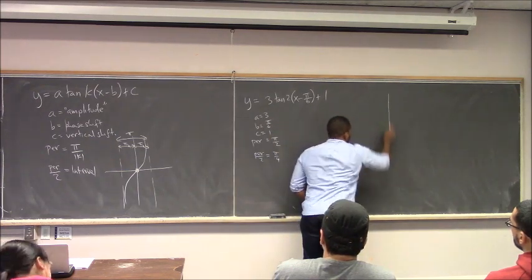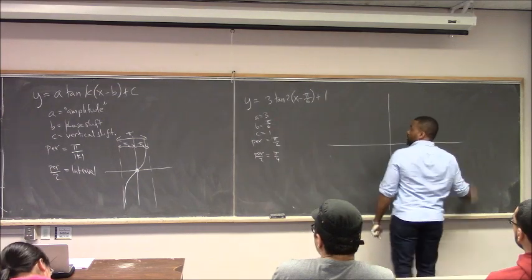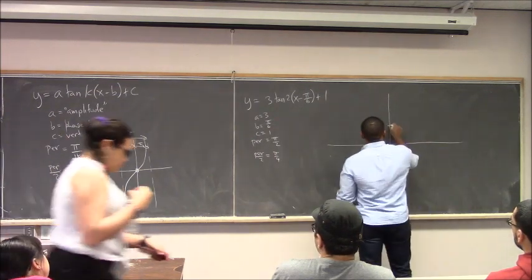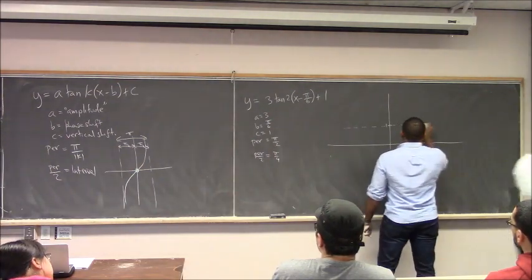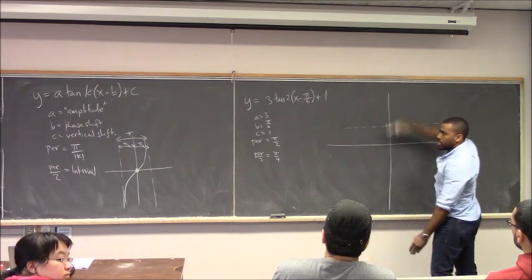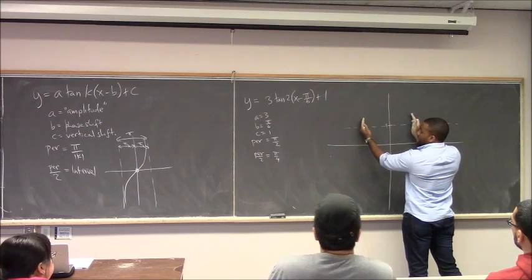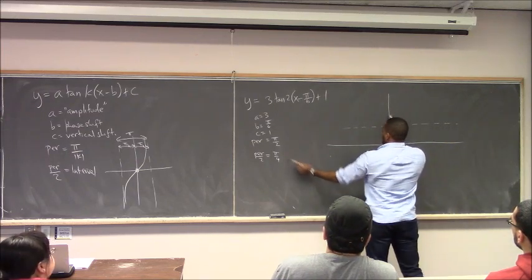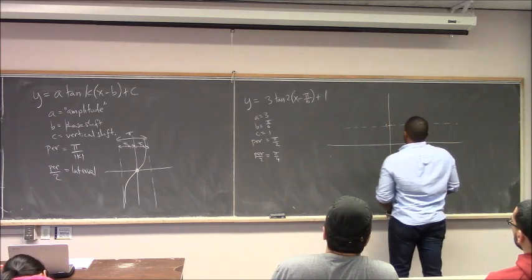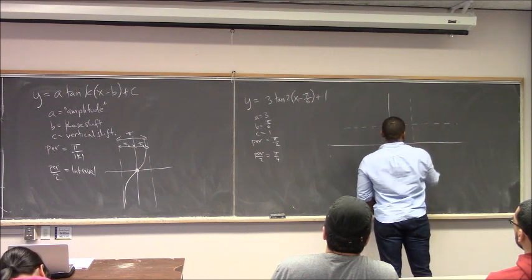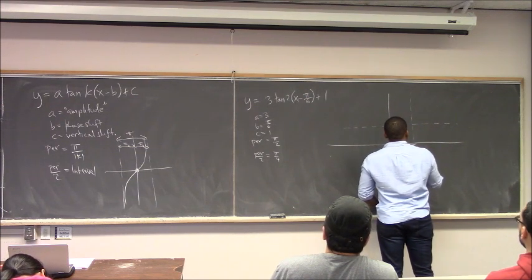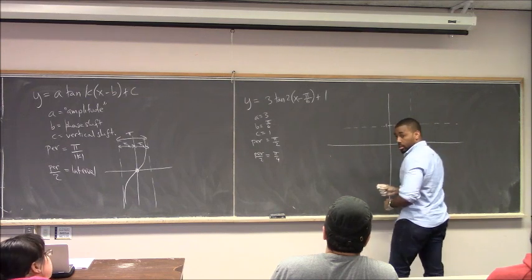So if you start to sketch this one, the c is going to be 1. You won't really have a top and a bottom. What you would have is a left and a right, right? And how much is the left and the right? Well, it's by pi over 4. So the b starts at pi over 6, and then you're going to move left and right from that.